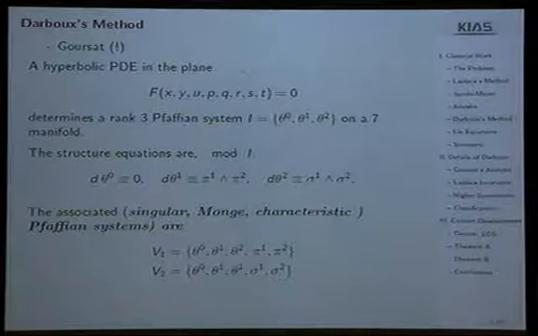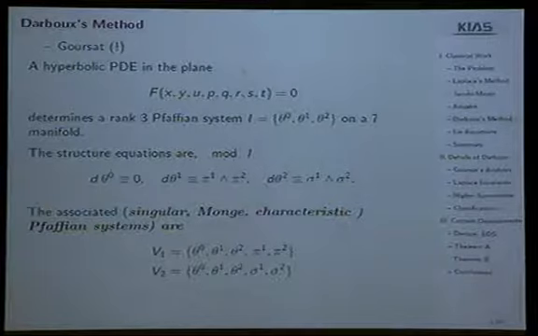Some people call these the singular Pfaffian systems associated to this. Some people call them the Monge Pfaffian systems associated to this PDE. Some other people, Bryant and Griffiths, call these systems the characteristic Pfaffian systems. And I think you all know in mathematics, the more names the same object has, the more important it tends to be. It means it's been rediscovered by people over and over again.